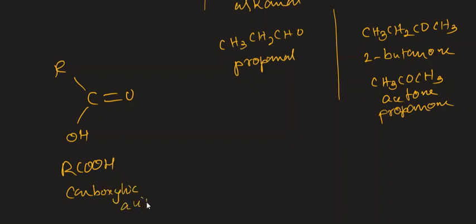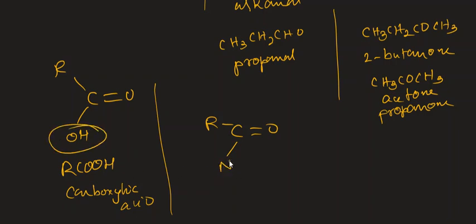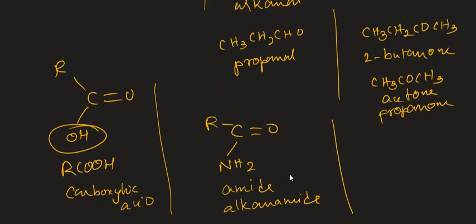Similarly, you can have R C double bond O, and in place of OH you can introduce NH2. Then it is called amide, and the IUPAC nomenclature is alkanamide. Alkanamide, or generally amide, acid amide you can call it.